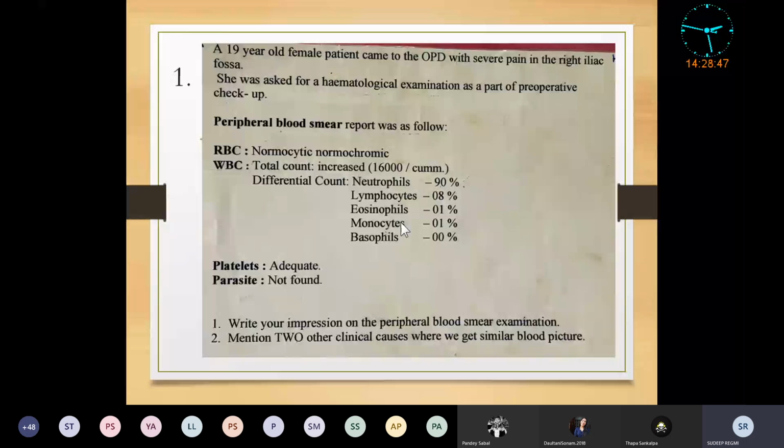Mention two other clinical causes where we get a similar blood picture. Can someone say?